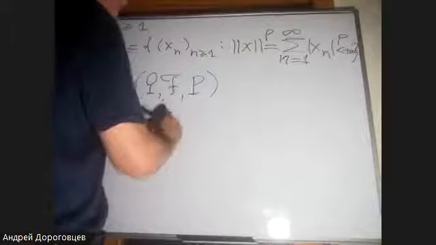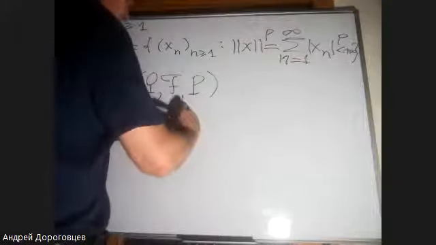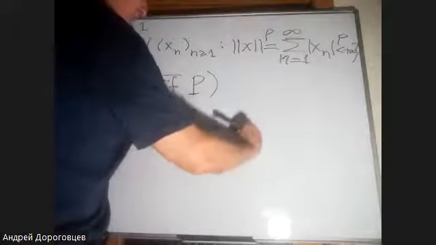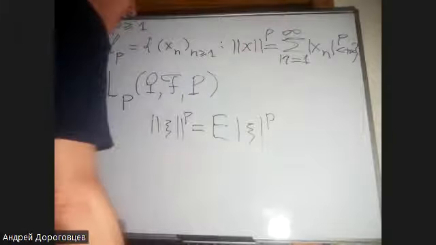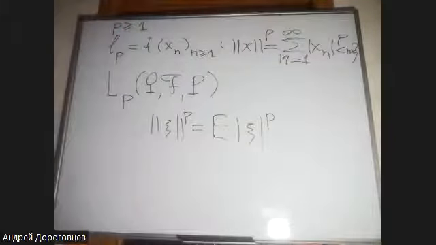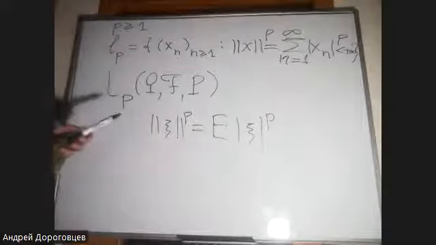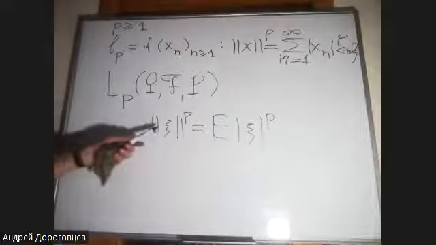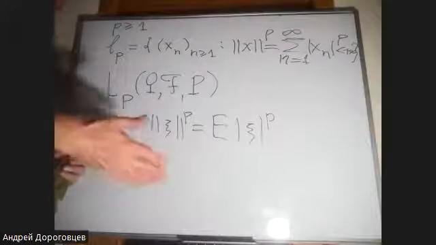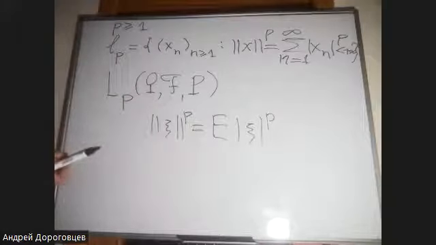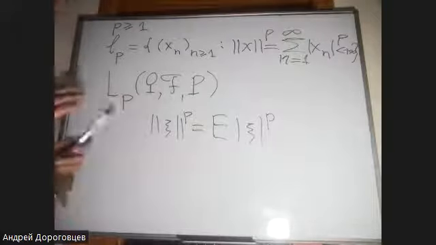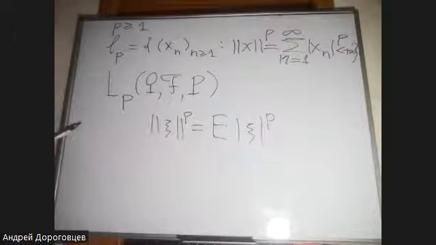The norm of psi in Lp is equal to the expectation of the absolute value of psi to the power p, to the power 1 over p. This is the Banach space with the usual agreement that we have not random variables but classes of equivalence of random variables. We don't distinguish between variables which are equal almost surely. So this is also a Banach space.